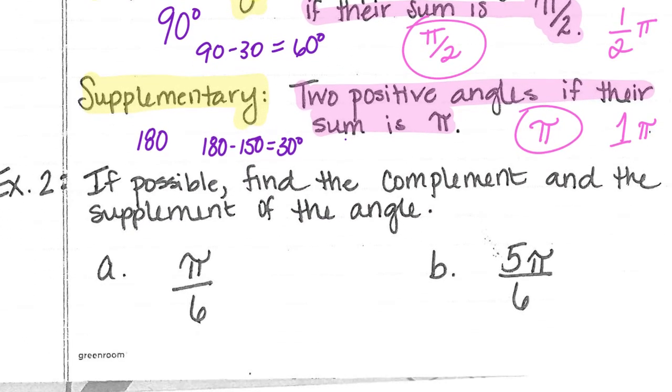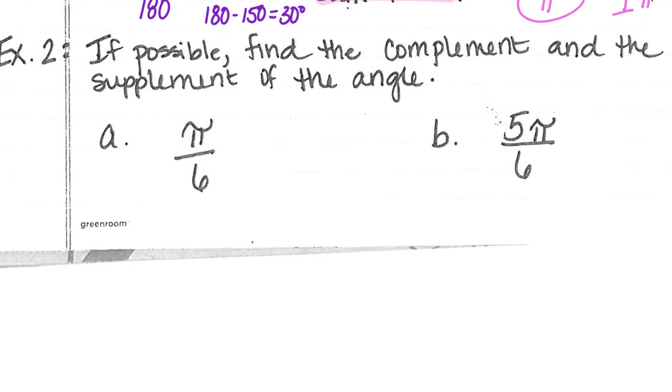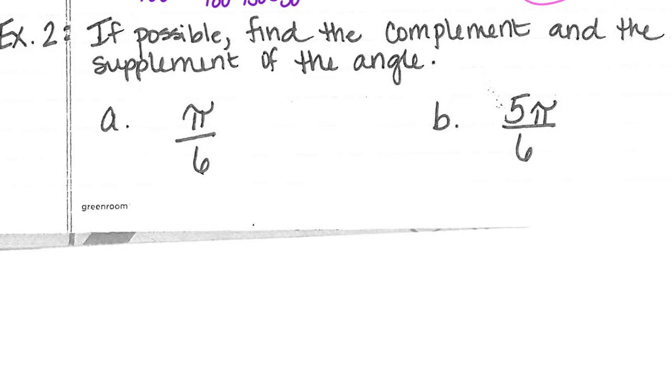So let's go ahead and look. If possible, find the complement and the supplement. Well, let's start with the complement of both of these. I know the complement is pi over 2. Can I take that and subtract pi over 6?